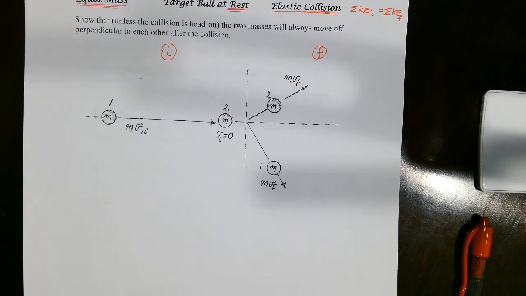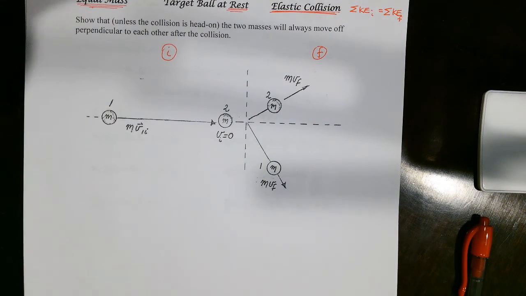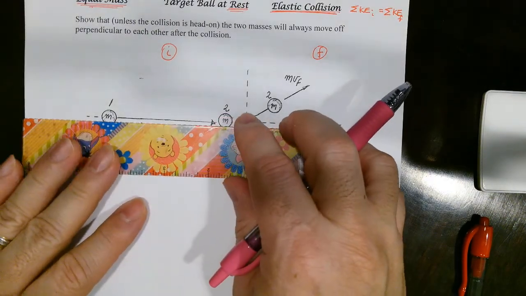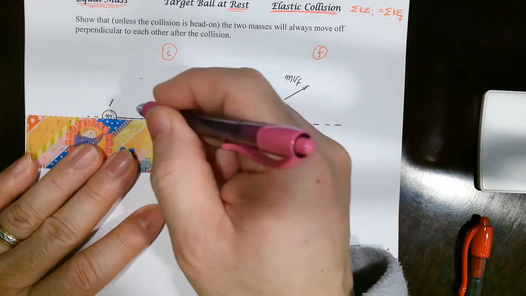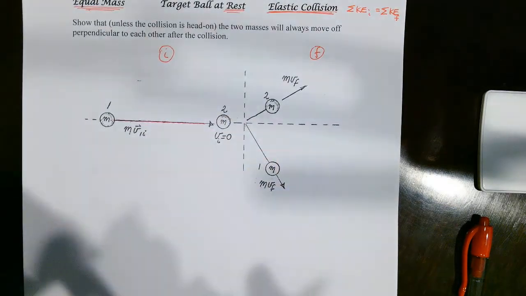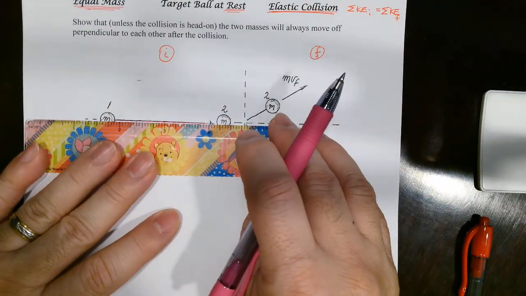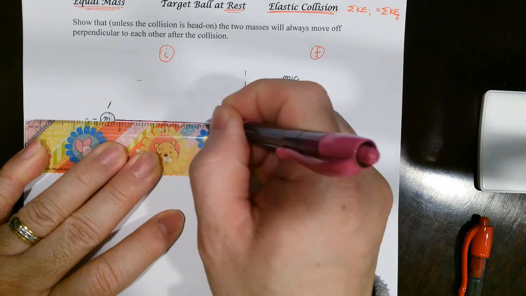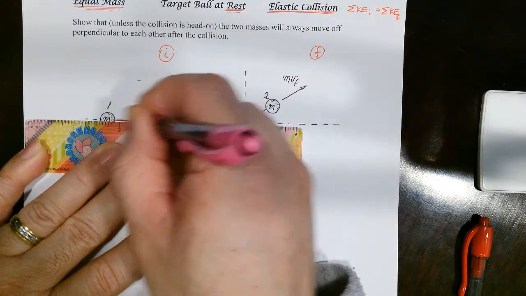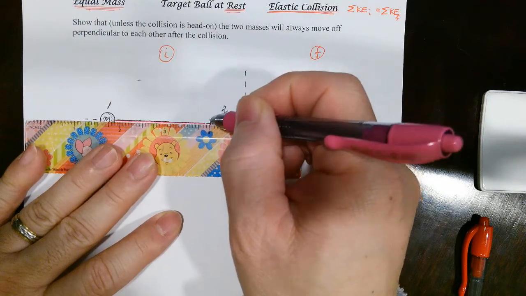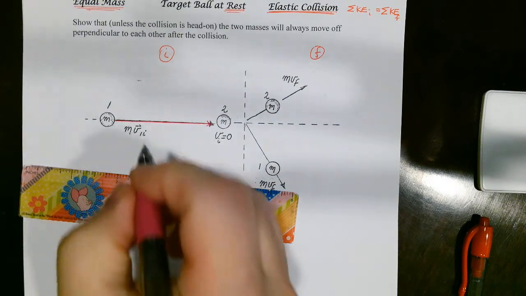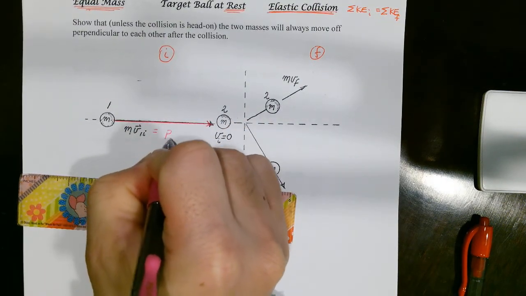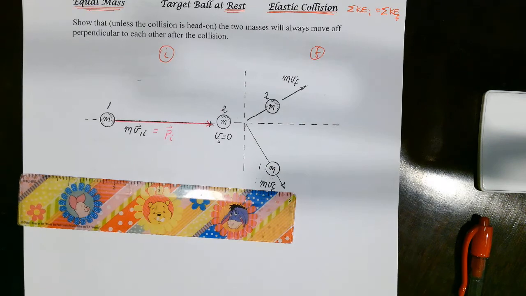If we look at the initial total momentum, I only have the mass of the cue ball. The cue ball is the only one that is moving. So total initial momentum is just the cue ball's momentum.